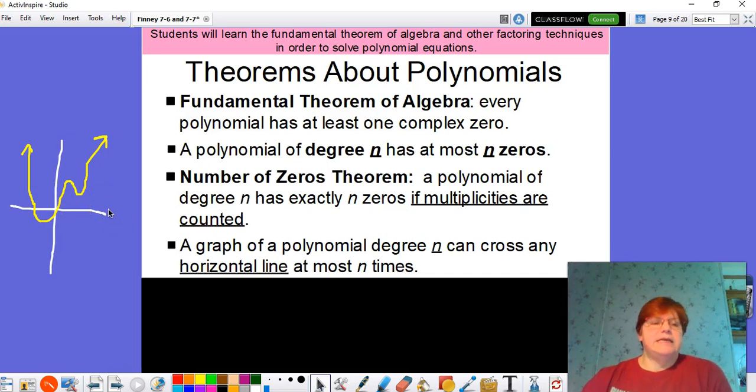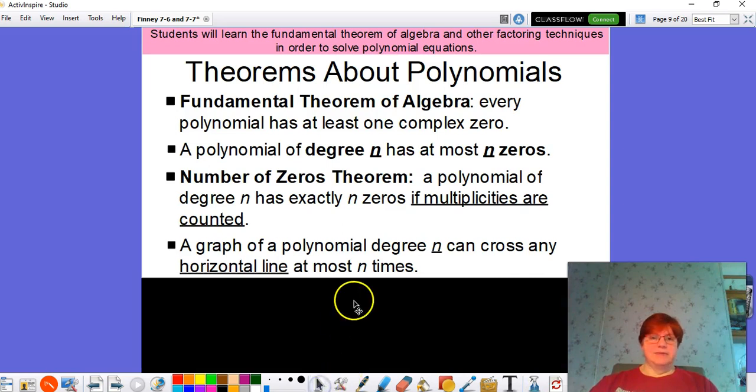So when you have a graph, you want to take your pencil and see how many places it can intersect. If it can cross 4 times, then it could be degree 4. If it could cross 6 times, it could be degree 6, however many times it could cross through that x-axis.